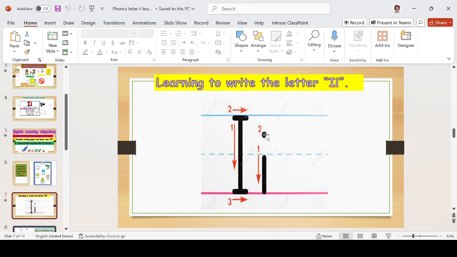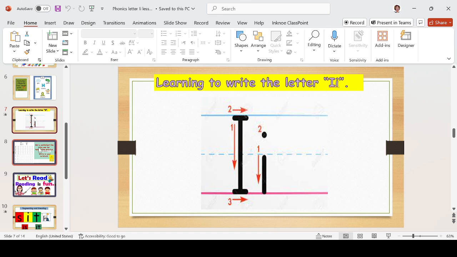Okay, let's do 1, then go up to just a small line, then 3 here, just a small line, and then the lowercase 1, and then we put our dot as step number 2. Well done.